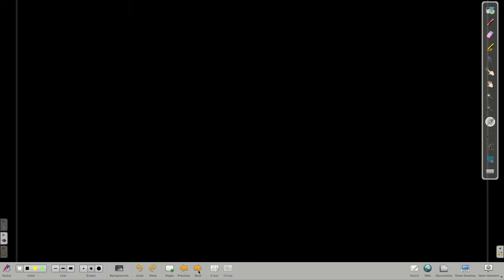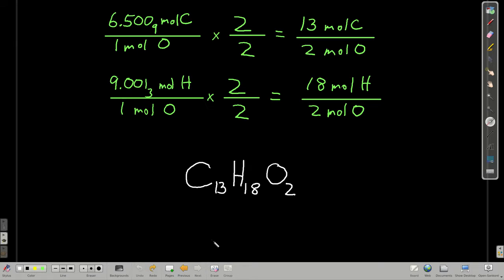It's going to look like this: 6.5 moles of carbon per 1 mole of oxygen times 2 over 2 gives us 13 moles of carbon per 2 moles of oxygen. And down here we get 18 moles of hydrogen per 2 moles of oxygen. And so now we know our empirical formula is C13H18O2.